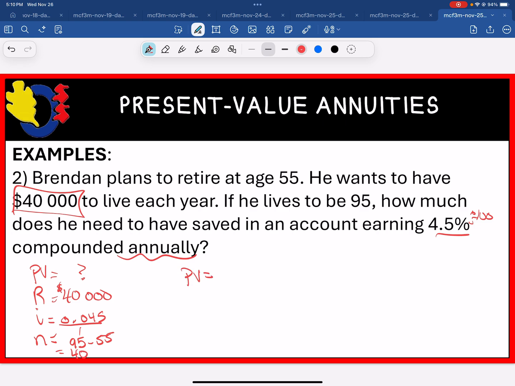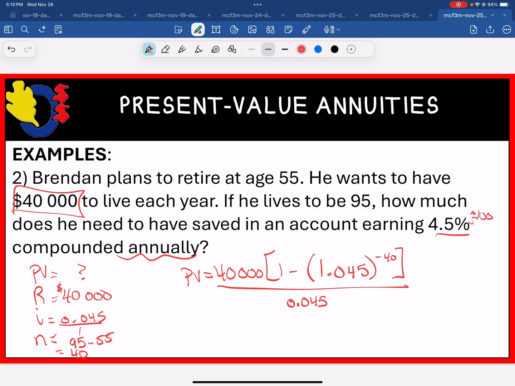So PV equals, so we're just going to go ahead and substitute everything into this formula. 1 subtract 1.045 to the exponent negative 40, all over 0.045.